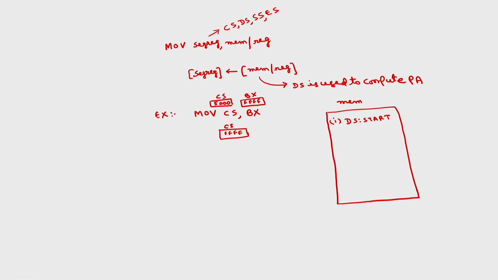I gave the example in the last class. Second way to represent this memory can be the contents of BX or BP, SI or DI. This is called register indirect addressing mode.